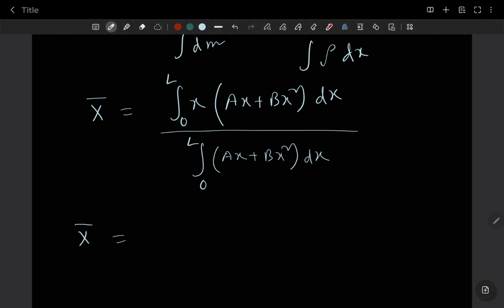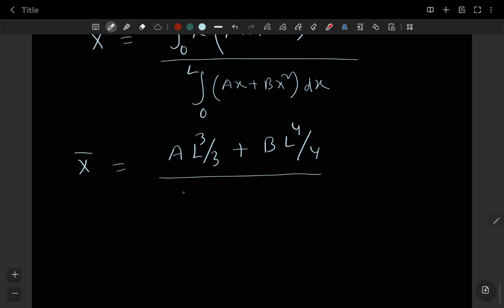x square dx is x cubed by 3, so it is aL cubed by 3, plus x cubed dx is x to the 4 by 4, that is bL to the 4 by 4, divided by x dx is x square by 2, that is aL square by 2, plus x square dx is x cubed by 3, that is bL cubed by 3.